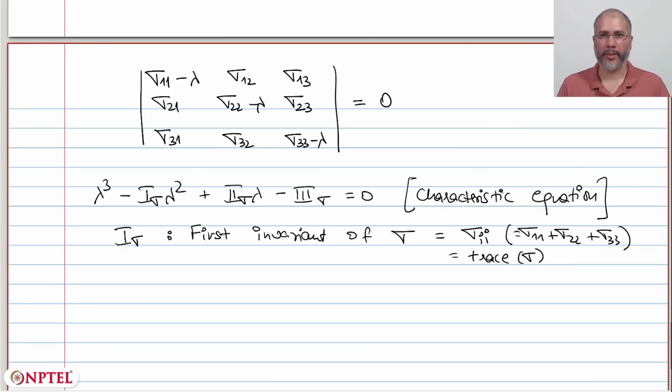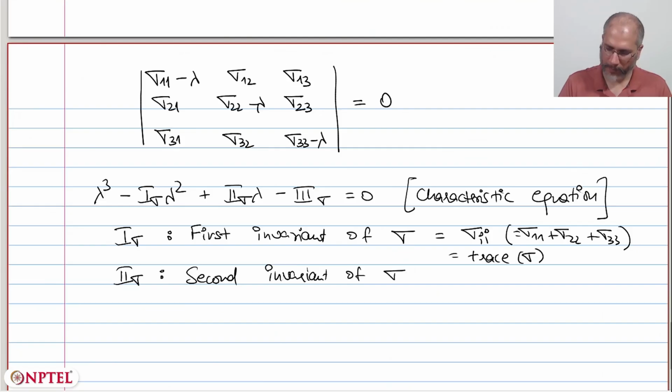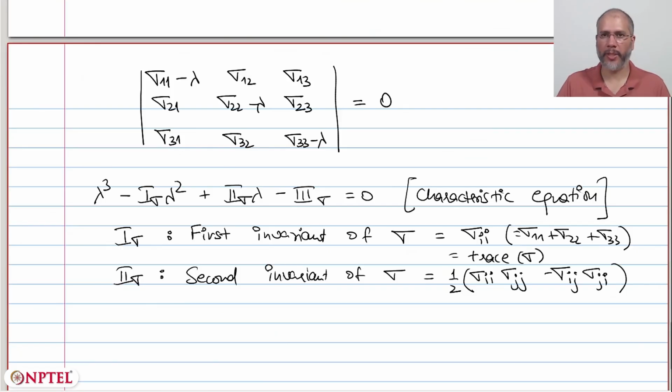Now, this is very interesting that the invariants we talked about earlier are appearing in this characteristic equation as coefficients. Let's talk about the second coefficient, which, as you may have guessed, is called the second invariant of sigma. It's represented as half sigma ii sigma jj minus sigma ij sigma ji.